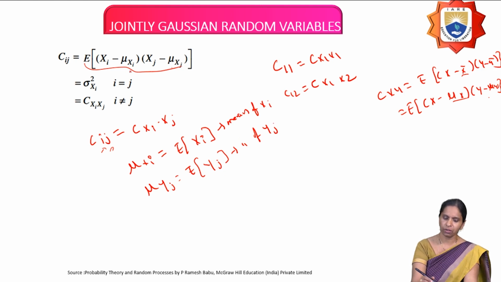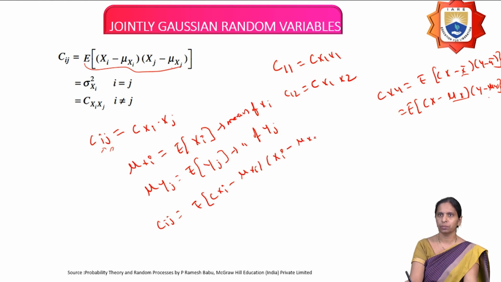Now, if i equals j, then what will happen? Then what is Cij equal to? Expectation of xi minus mu xi, and j is also nothing but i only. Therefore, it is expectation of xi minus mu xi whole square. What do you call this? This is nothing but the second moment about the mean.